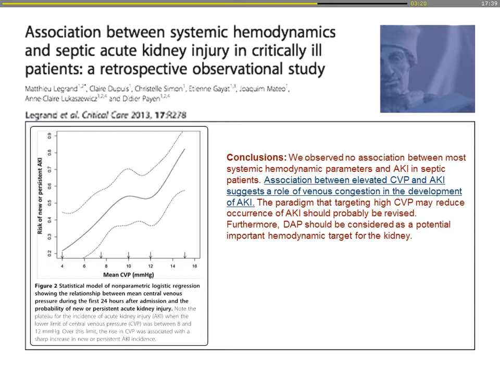And in order to decrease the microcirculation, you only need very small increases in central venous pressure or post-capillary pressure to limit perfusion. And that's why Mathieu Legrand found a relationship between increasing central venous pressures in septic shock and the occurrence of new kidney injury.